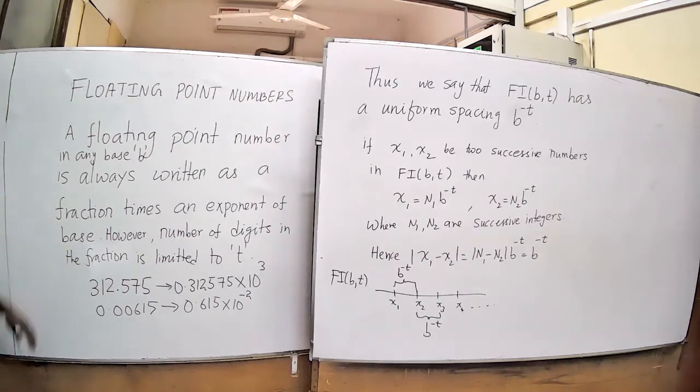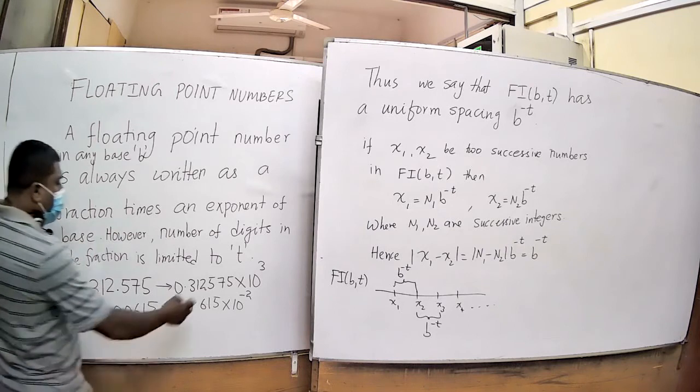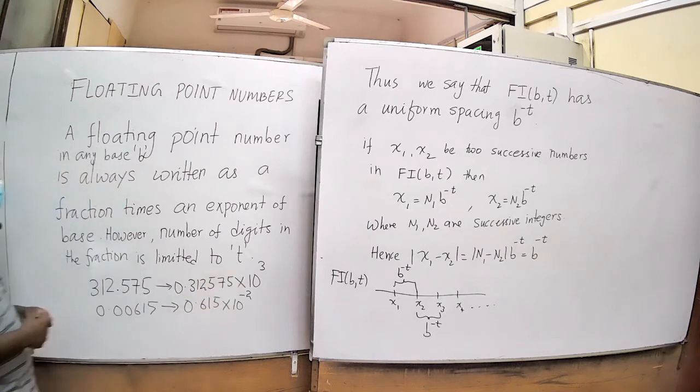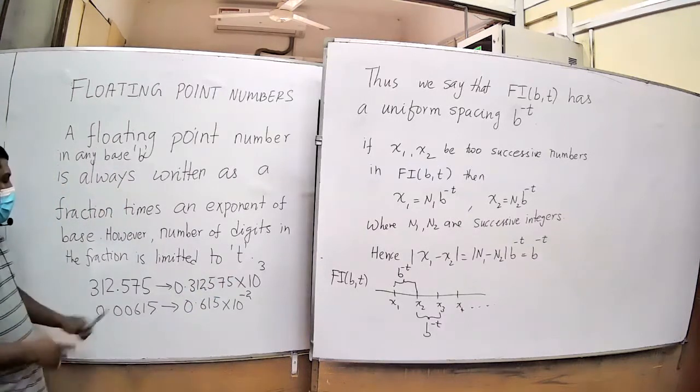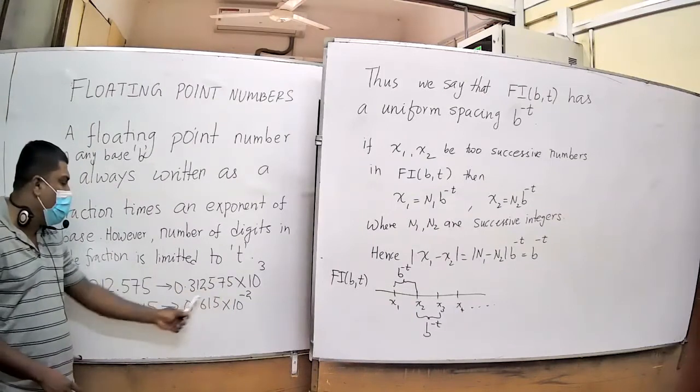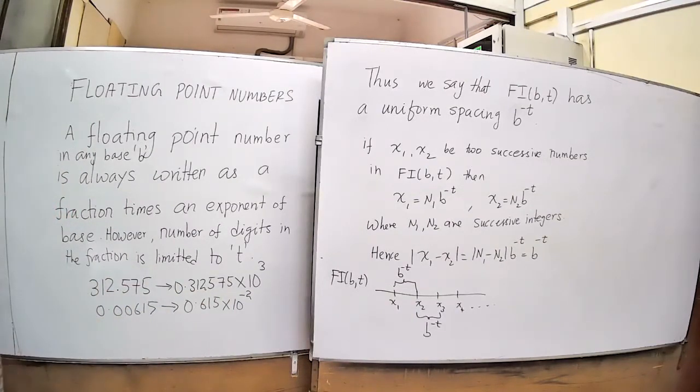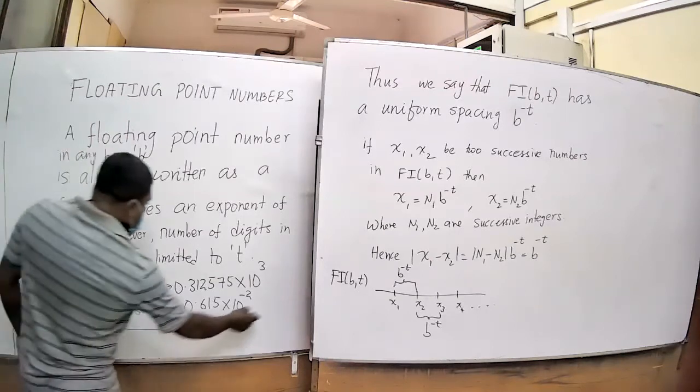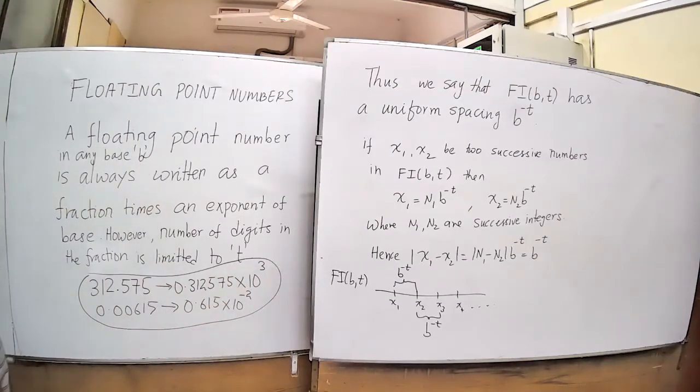But the important part is that the number of digits in the fraction is limited. Here, in this example, the number of digits in the fraction is not limited. So this is not floating point numbers, this is scientific representation.